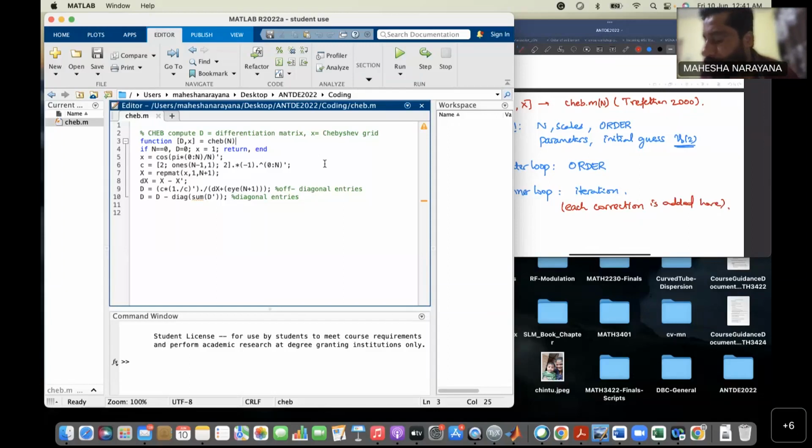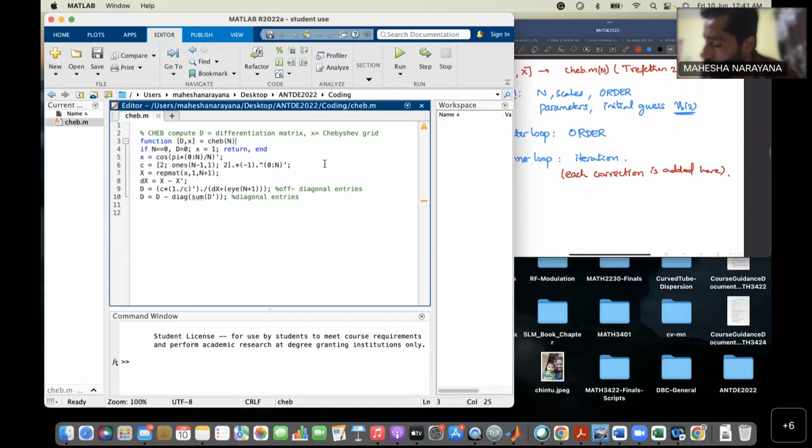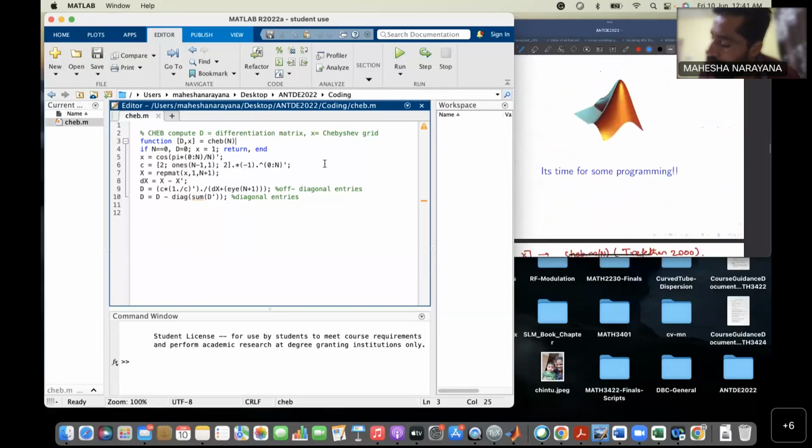And in the inner loop, what are the things that you need to define? You need to define the matrices. In this case, you need to define A and the right hand side vector. What was the right hand side vector? It was B, right? Yeah, A_{n-1} and B_{n-1}.